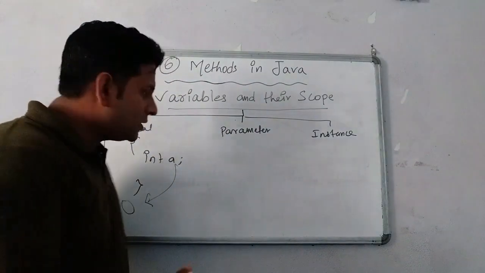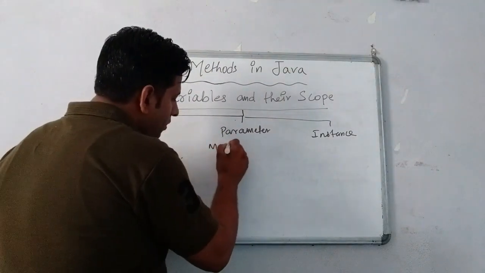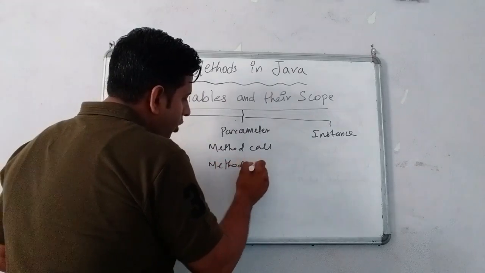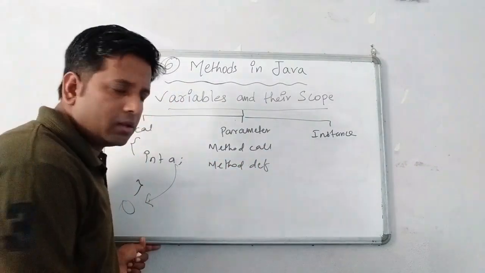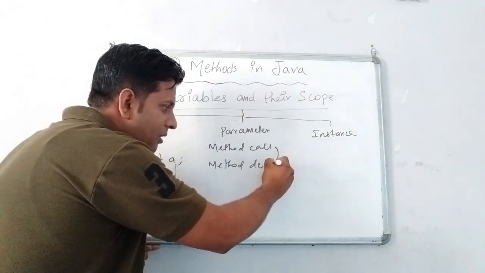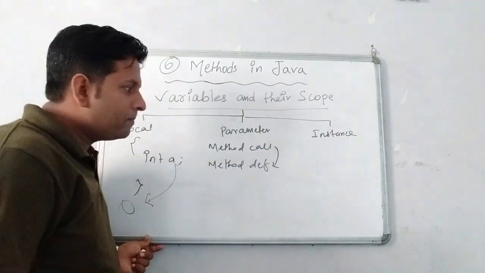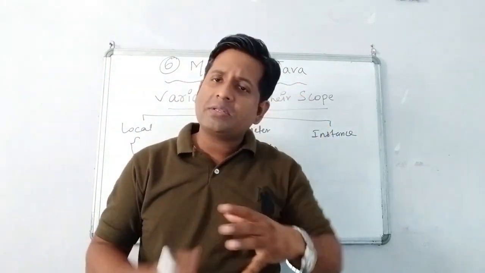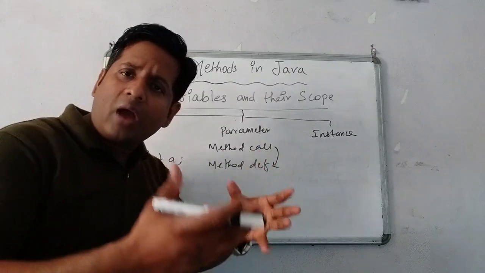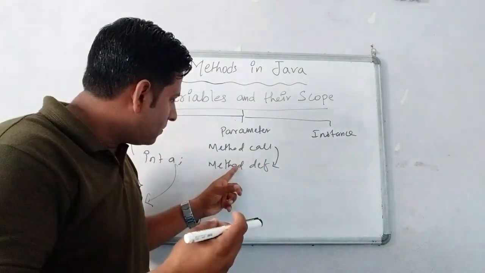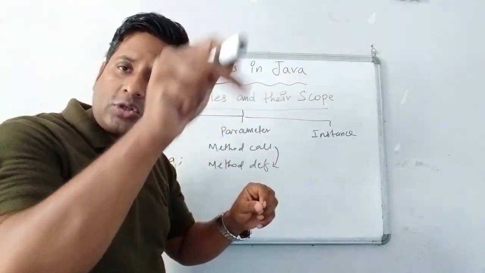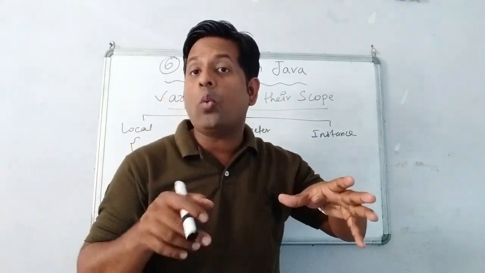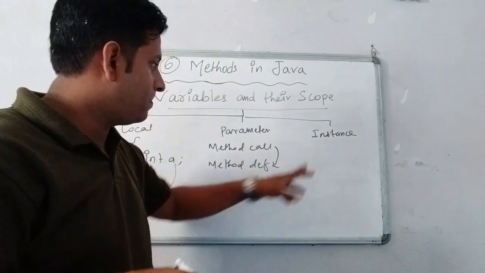Now parameter variables, here method call and method definition, both are there, because in method call we ask and in method definition we pass. This is the type of parameter, the arguments. That means in method calling we ask the value from the user, in method definition we pass. So see, asking and passing. So this is the life, that is the scope, work of the particular variable.